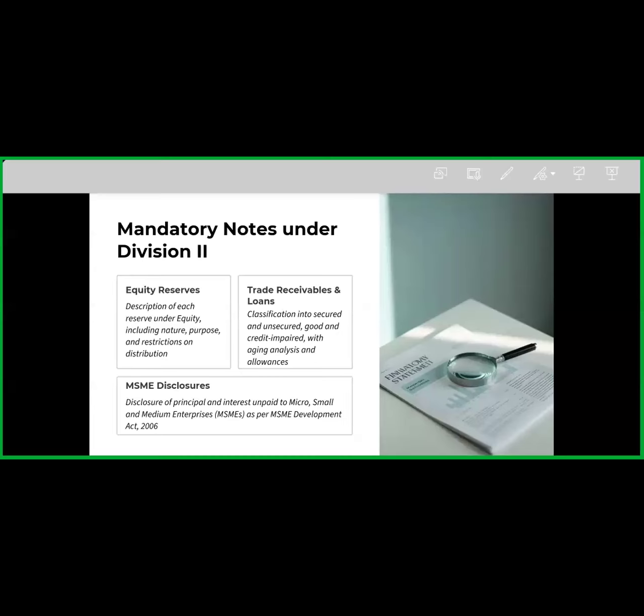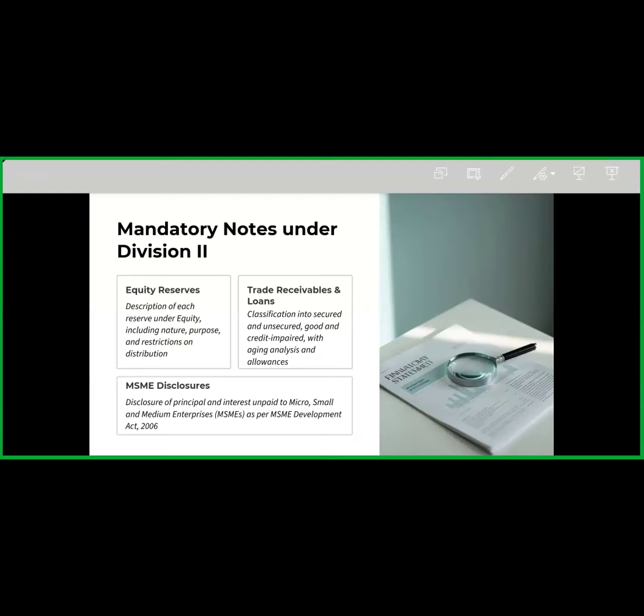This information is incomplete if the notes of such classifications are not present in the financial statements.